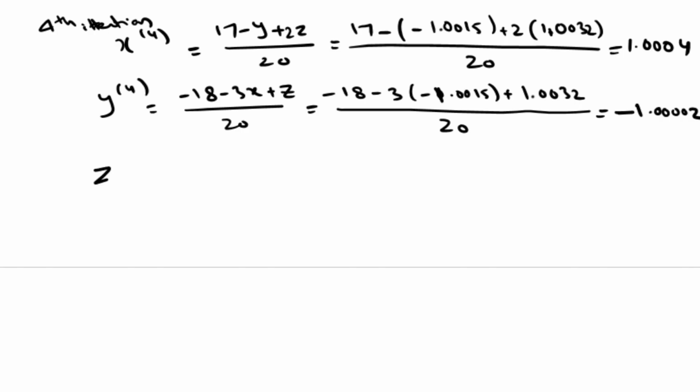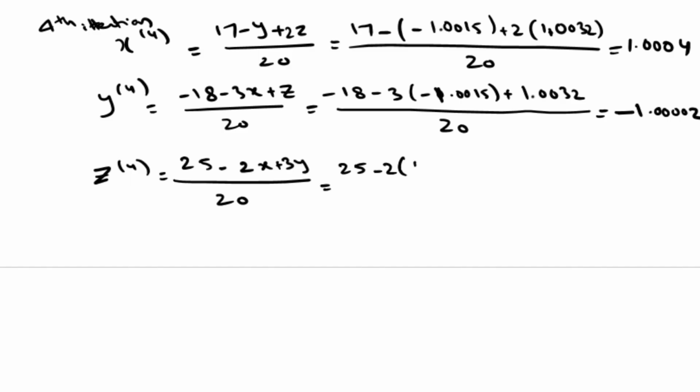Z in the fourth iteration is equal to (25 - 2x + 3y)/20, which is equal to 25 minus 2 into x is 1.0004 plus 3 into y is -1.402 divided by 20.